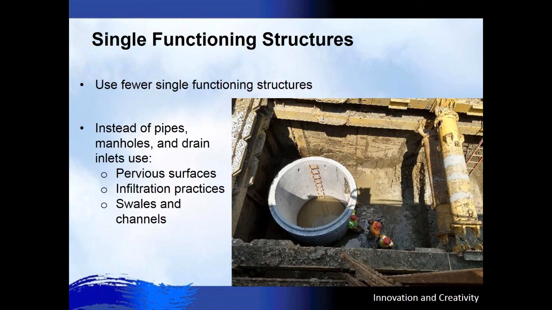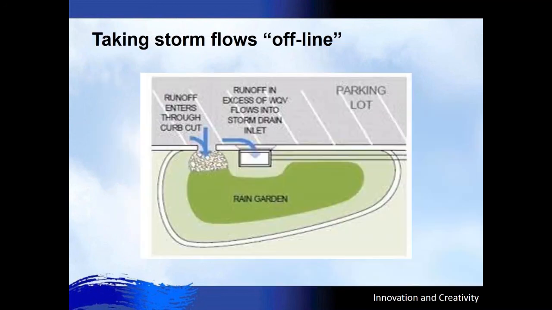And sometimes you can get a site without any stormwater pipes, with very few pipes and manholes. Another thing that helps with creativity and innovation is taking storm flows offline. Offlining opens up lots of opportunities for creatively integrating green infrastructure into the storm system.